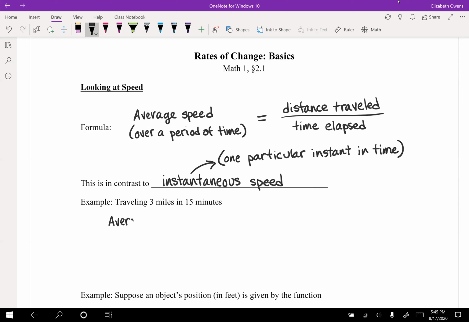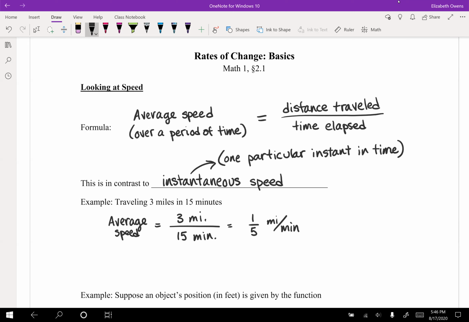We take your distance traveled, 3 miles, and divide it by the time that's elapsed, 15 minutes. 3 divided by 15 would be 1/5 of a mile every minute. So that would be one way to say your average speed, 1/5 of a mile per minute, or 0.2 miles per minute.